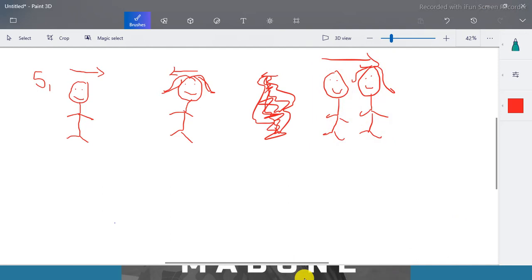Now, the question is, how can I represent this using the conservation of linear momentum formula? Do you agree that this boy had his own mass, and this girl has her own mass? This girl was going in her own independent direction, and this boy was also going in his own independent direction.